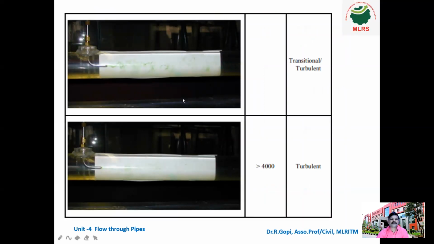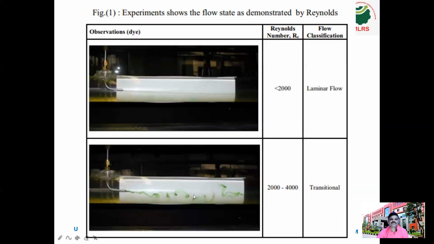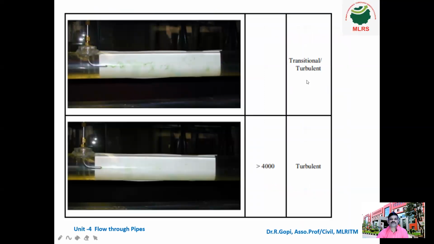You can see the difference: here a slight movement, but here more movement, so transitional into turbulent. And here we can't see the green color because the discharge velocity is more. So the Reynolds number is greater than 4000, and it is called turbulent flow.